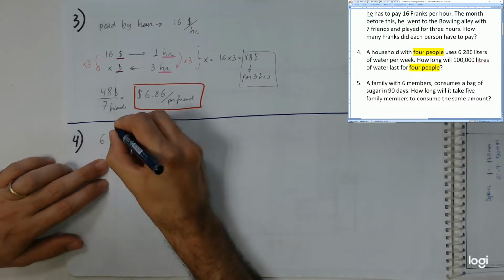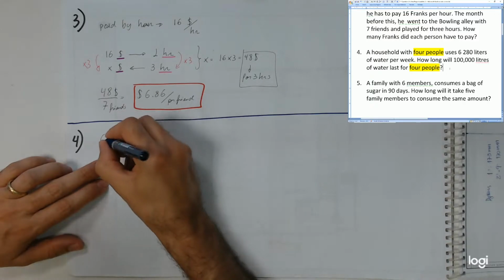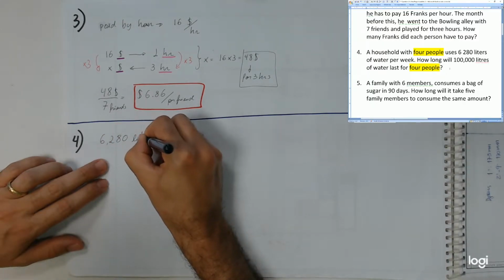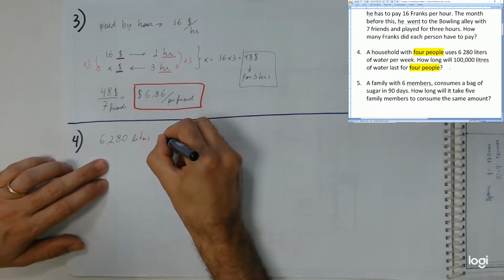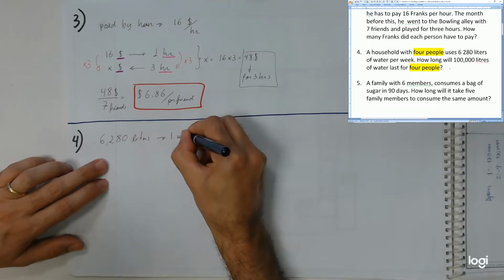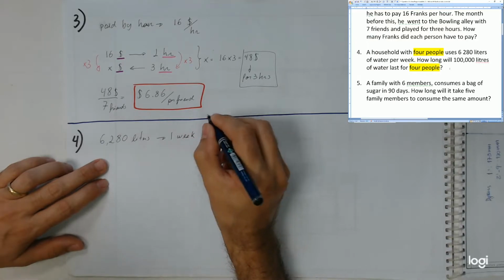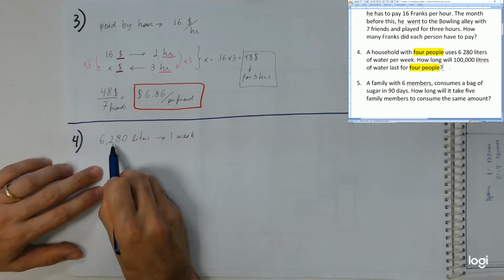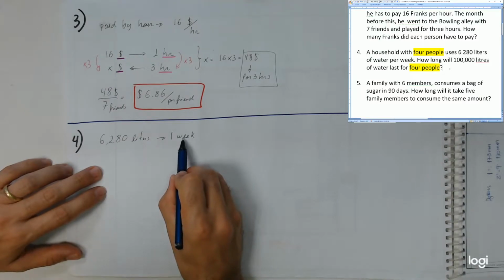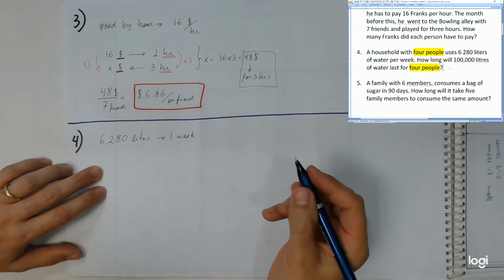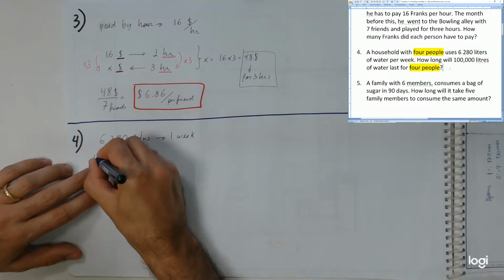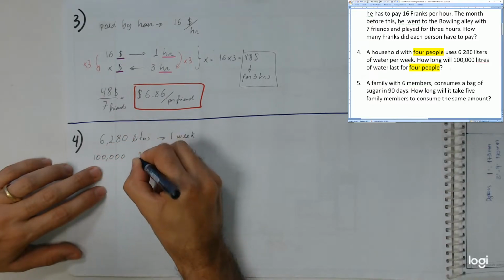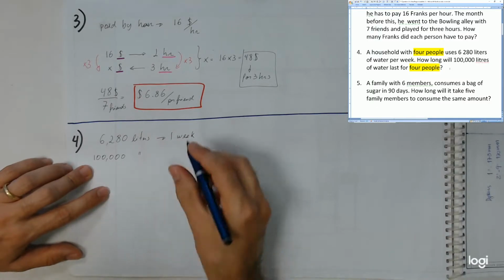So 6,280 liters in 1 week. Okay? And now this water is spent in 1 week and is being asked, what about if they have 100,000 liters?